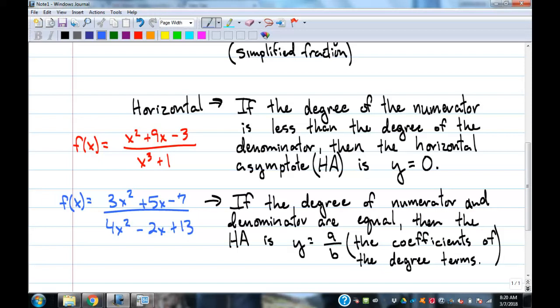So the horizontal asymptote is going to be at the ratio of the leading coefficients, top over bottom, so 3/4. So our horizontal asymptote for this one is y equals 3/4. And you would reduce that fraction if it was like 6/8 or something like that.